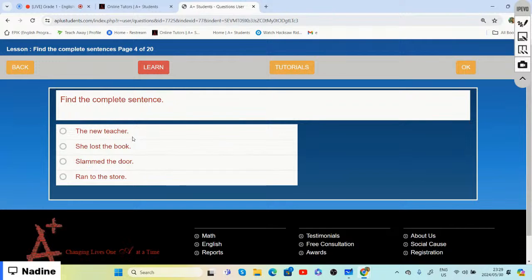All right. So if we were to select the correct option, right, to show a completed sentence, then yes, we will choose option two because option two says she lost the book.